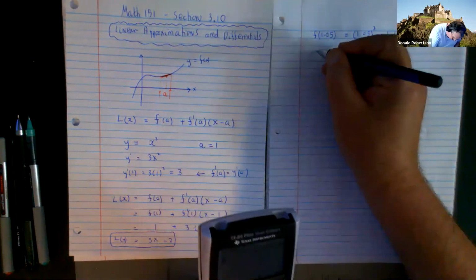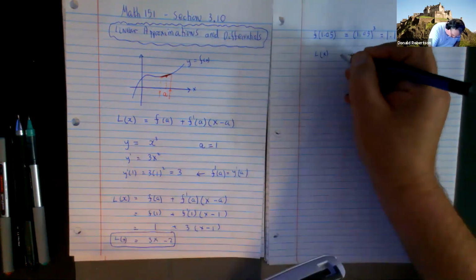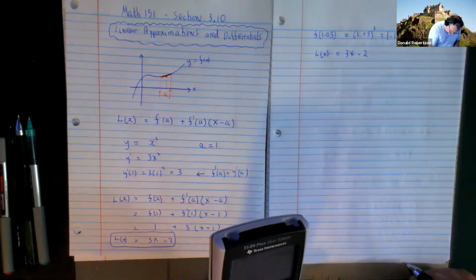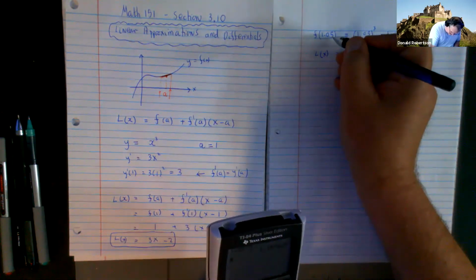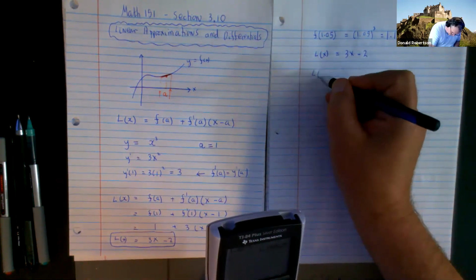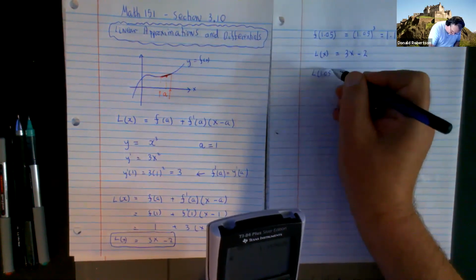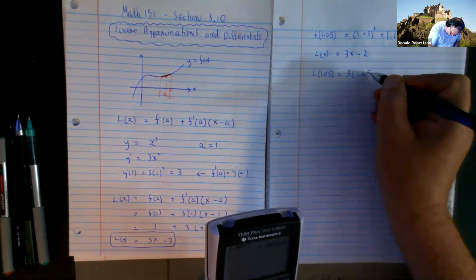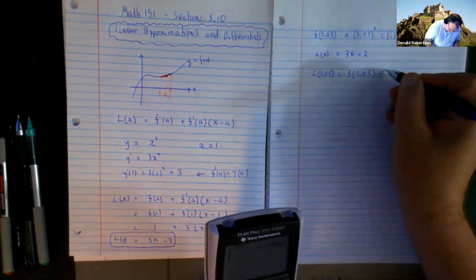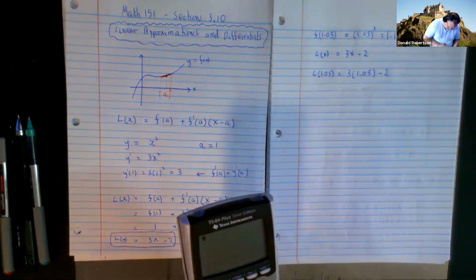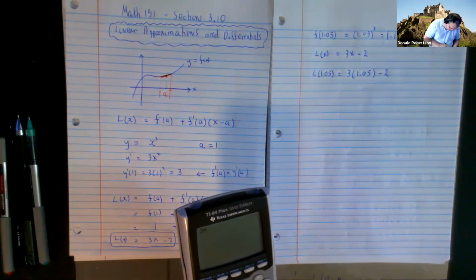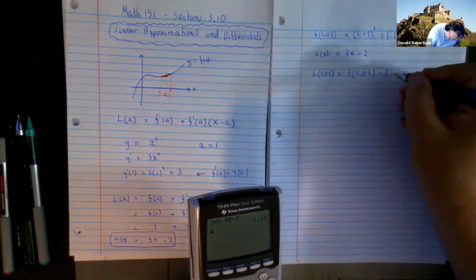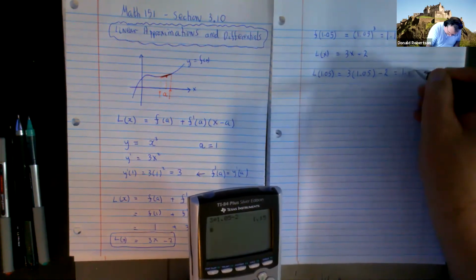Now, the linear approximation function is 3x take away 2. So I'm going to use this value of x and see what the linear approximation says it should look like. It should look like 3 of these guys take away 2. Well, I'll do that. If you go 3 times 1.05, and then you subtract 2, the answer that I get is 1.15.